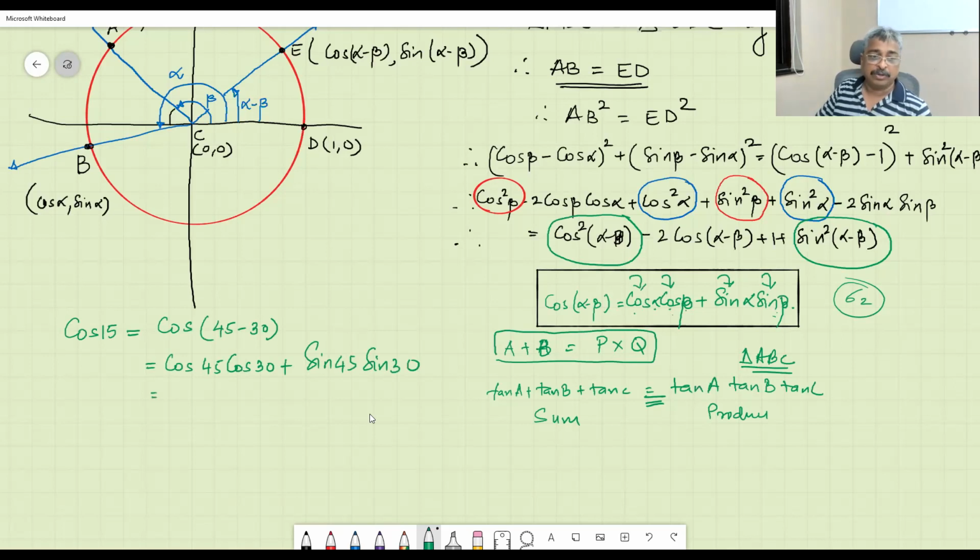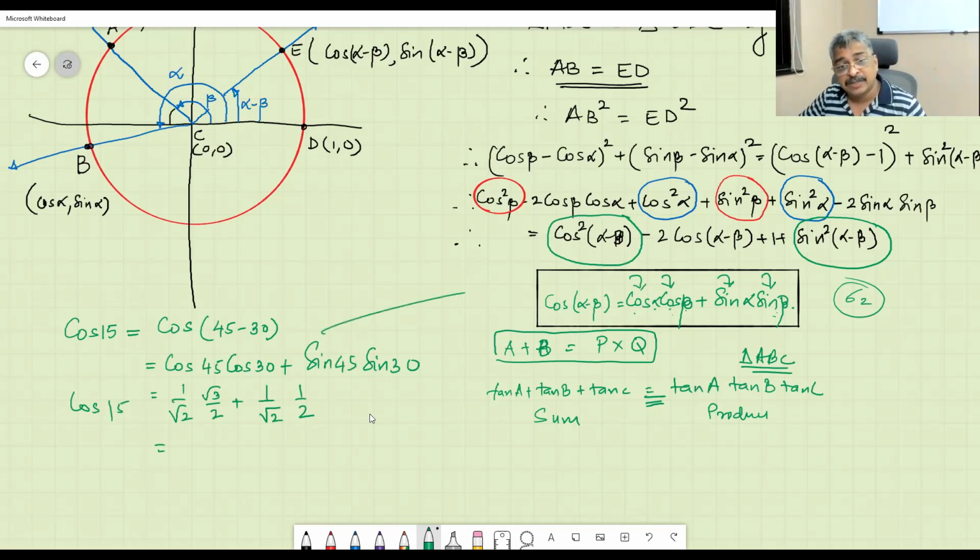And therefore cos 45 we know is 1 upon root 2, cos 30 we know is root 3 by 2, sin 45 we know is 1 upon root 2, sin 30 we know is half. Therefore this is the value of cos 15.